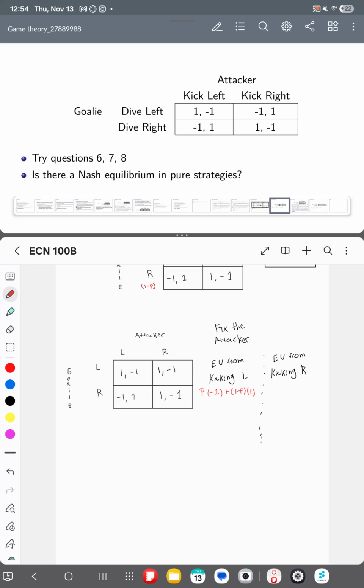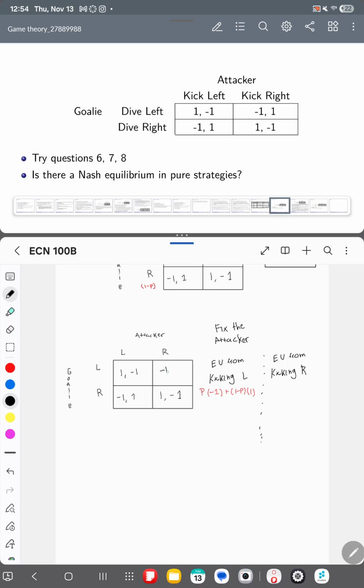Similarly, we can figure out the attacker's expected utility from playing right. If they are going to kick right, again, they can either get a -1 or get, if there is a mistake in the table. Let me fix the table. This one is wrong. The table was 1, minus 1 and then -1.